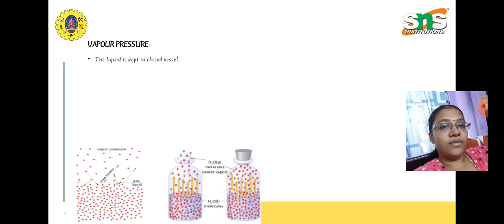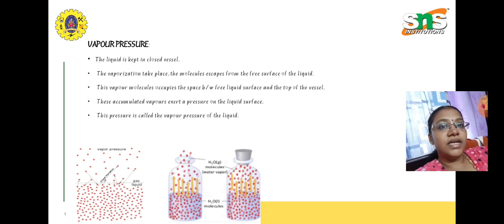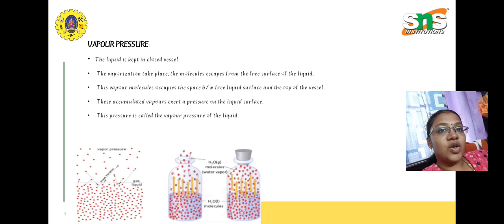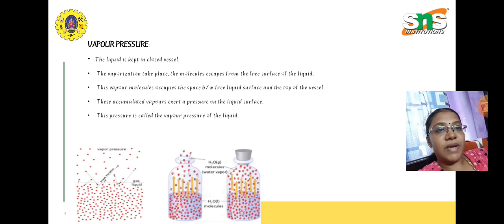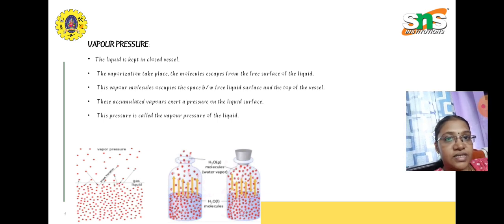Next, what do you mean by the vapor pressure? The vapor pressure is when the liquid is kept in a closed vessel, the vaporization will take place. The molecules will escape from the free surface of the liquid, and these vapor molecules will occupy the space between the free liquid surface and the top of the vessel.